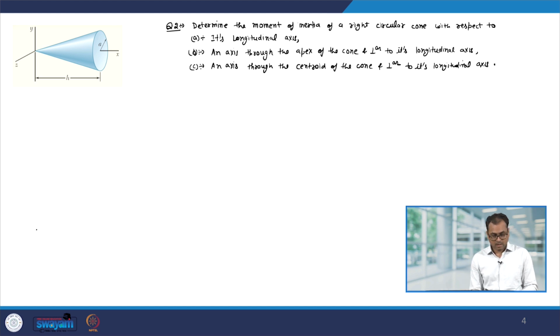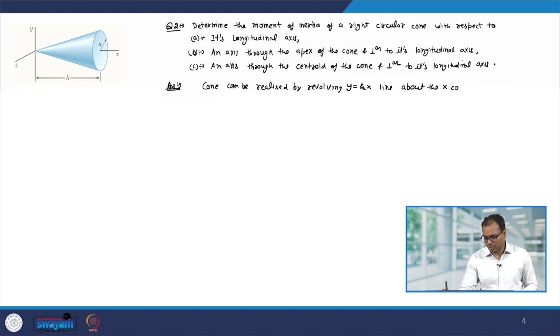Okay. So herein we can clearly see how a cone is formed. A cone can be realized by revolving the y equal to kx line about the x coordinate.